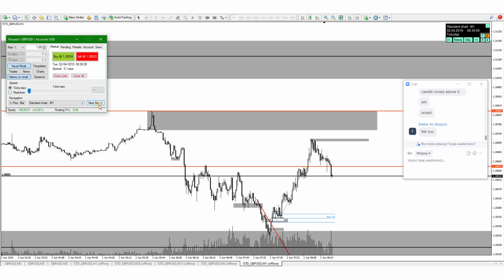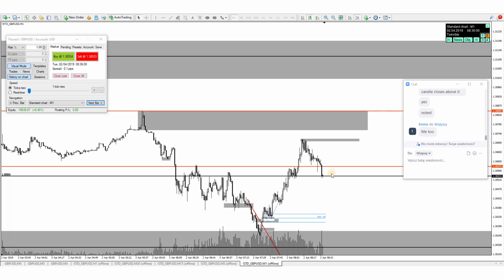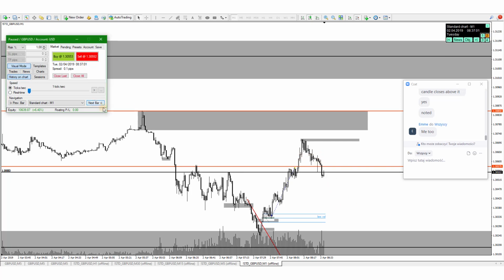Oh, I didn't expect such a move. So now, maybe there was also some imbalance without footprint. I couldn't know.